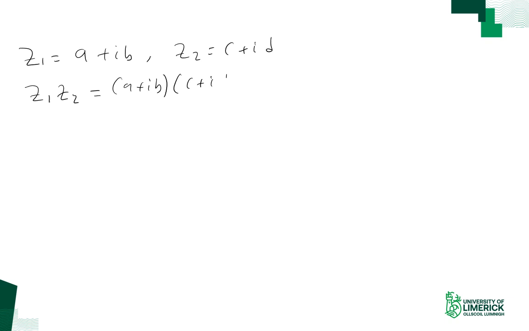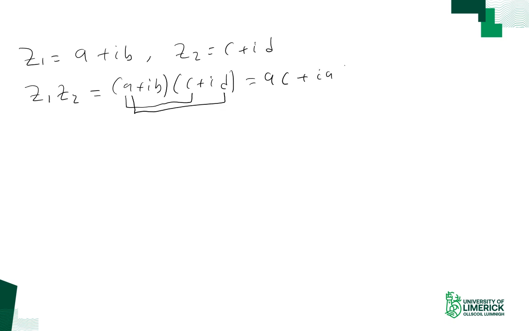Now we want to multiply a complex number by another complex number. Let's say we have z1 equal to a plus ib and z2 equal to c plus id. Then z1 times z2 is a plus ib times c plus id. To do this, we multiply a by c, which is ac, and then a by d, which is plus iad, because of this i.